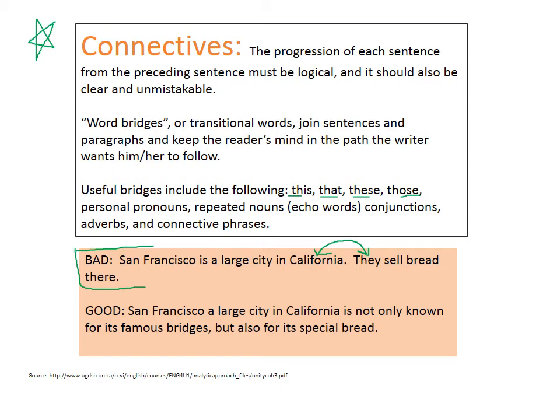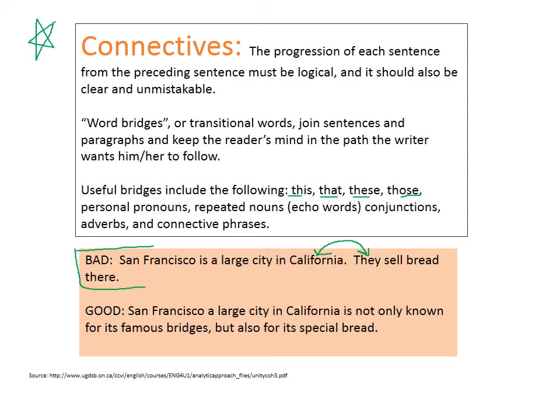So this is where connectives come into play. You could rewrite this and fix it very simply by making the connection obvious. "San Francisco, a large city in California, is not only known for its famous bridges, but also for its special bread." We said the same thing. We're still talking about San Francisco.